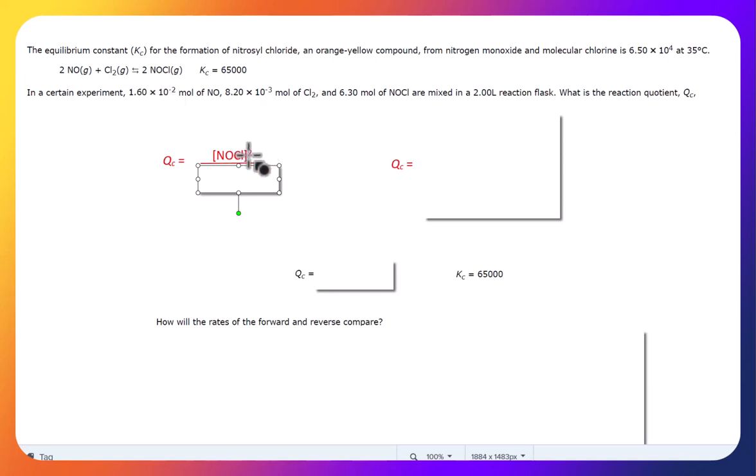This is nice and simple. So there's a coefficient of 2, so we know that's going to be squared. Don't forget those coefficients. They're critical in the equilibrium expression. And then we just have 1 as our coefficient for chlorine, and now we've got our equilibrium expression.